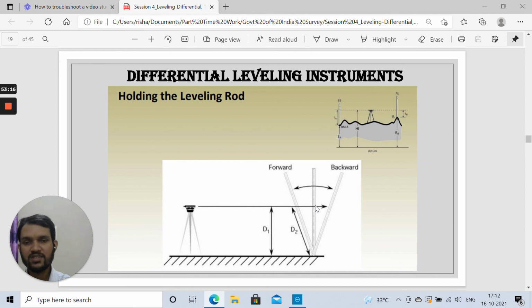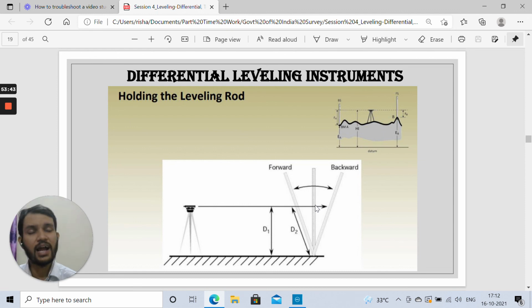So this D2 length will be greater than D1, and for the point we are talking about, we will feel that the point is located downwards. Why is it downward? Because we are getting a higher reading, and when we deduct that reading to find the elevation of that unknown station, we decrease by a higher value, and we reach a lower point. So these errors we need to try to eliminate.